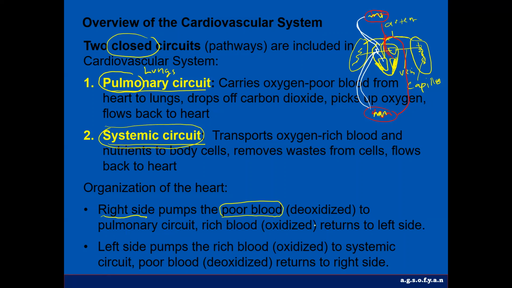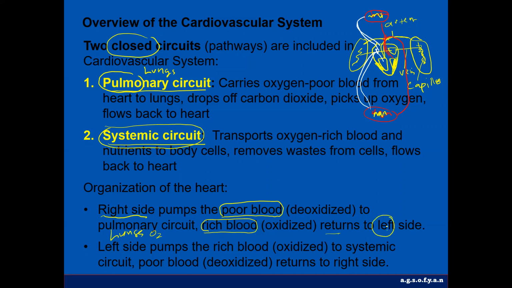So this poor blood will be pumped into the lungs. And in the lungs, the blood will receive the oxygen, and then it will return the rich blood back to the heart, to the left side of the heart.